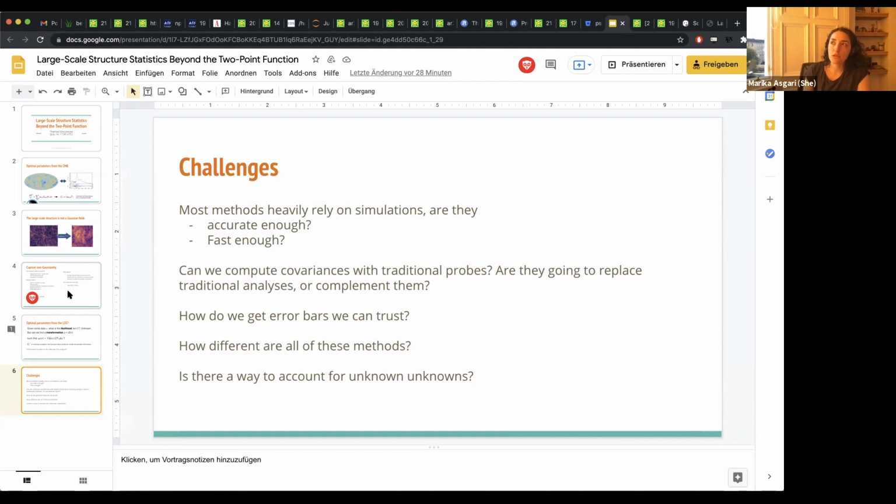Can you learn something other than just, say, cosmological parameters about the field or about the universe using this kind of methods? Or are you kind of blind to what's going on and you just go from the start to the end and then say, okay, these are the parameters?